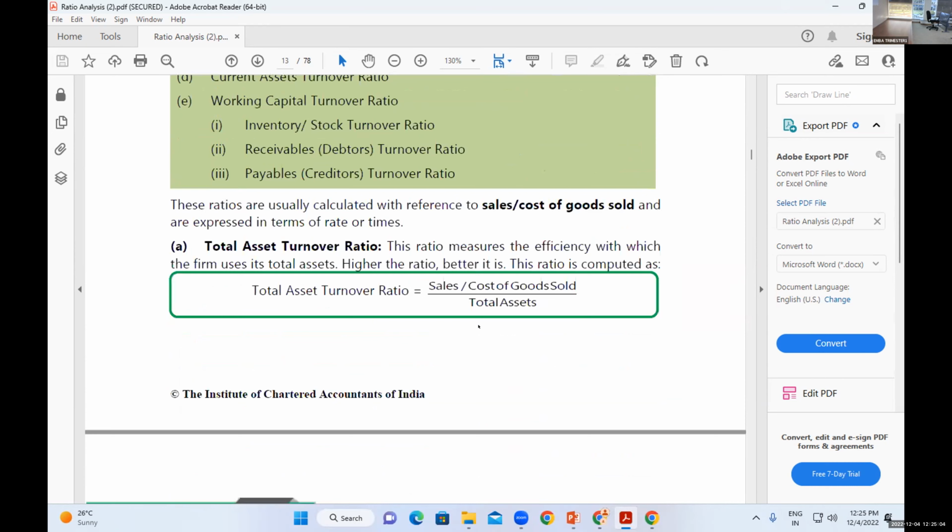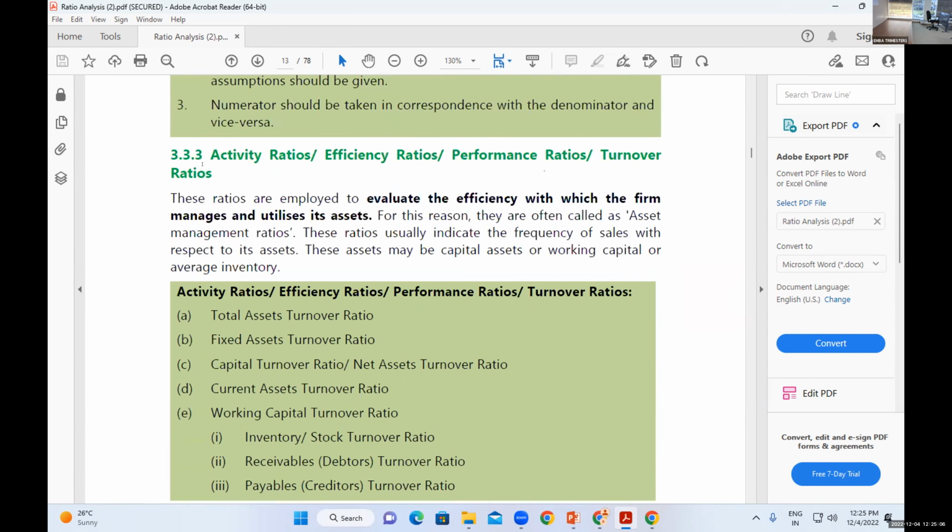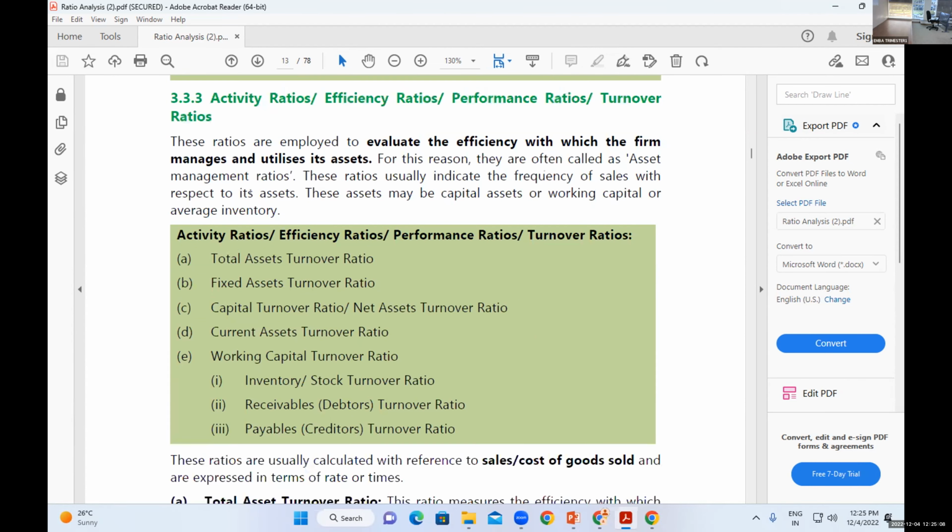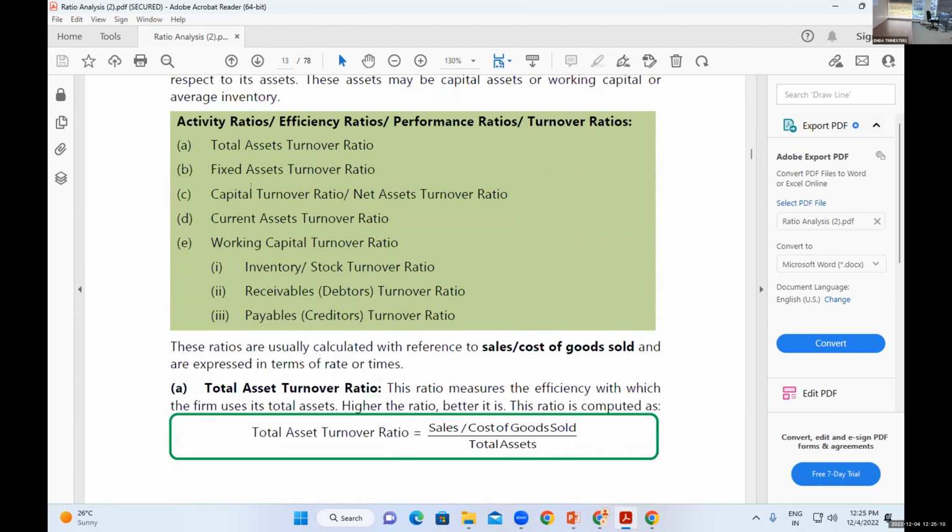Next, first one is total asset turnover ratio, under the third category called activity ratios. The name itself is telling you: asset turnover. Asset compared with turnover. The formula is turnover by asset. Turnover means sales.